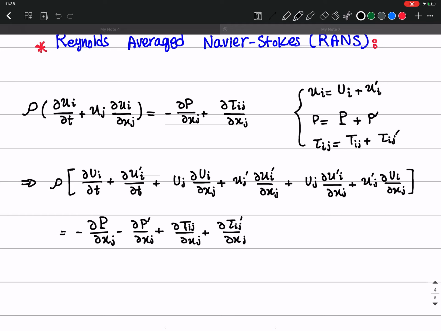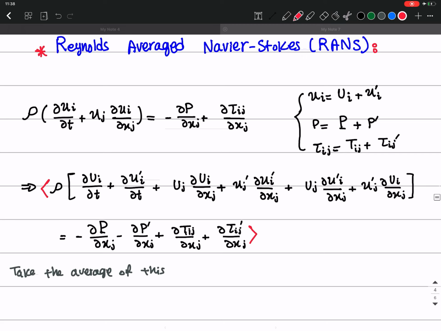And the other thing that we are going to do now is to take the average of this. If we take the average of all the terms, the average of the whole equation, we know that some of the terms are going to cancel out.